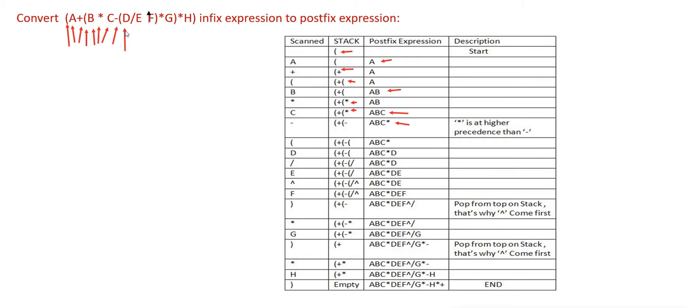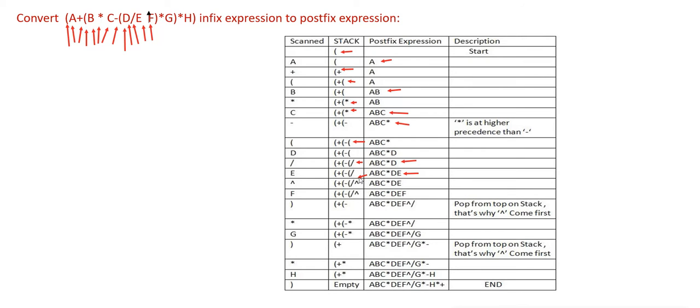by an opening bracket, followed by d, which is a variable, goes inside the expression section, followed by division, which goes inside the stack section, followed by e, which goes inside the expression section, followed by root.